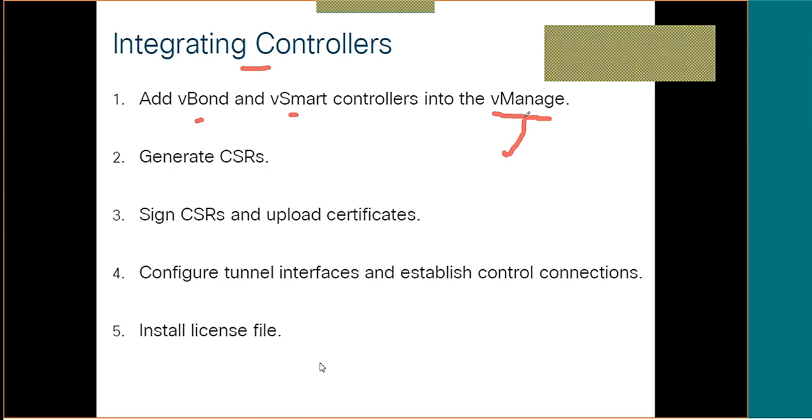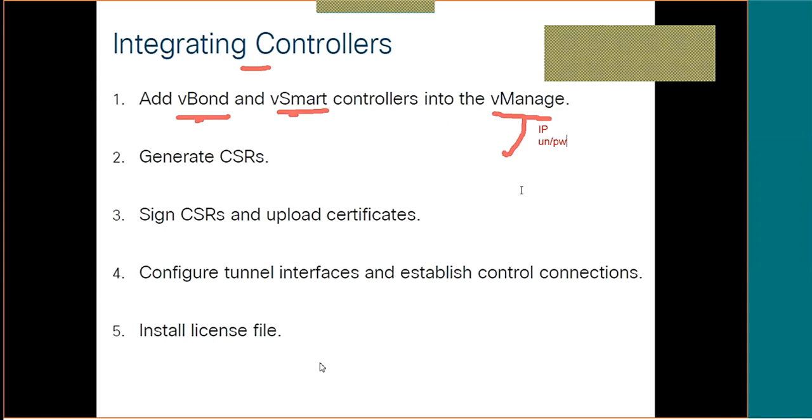In whitelisting steps, we add the vBond manually and we add the vSmart controller manually. It's nothing but giving vManage the IP address of the vBond, the username, and then the password to log in to the vBond. In vManage, we try to add it.